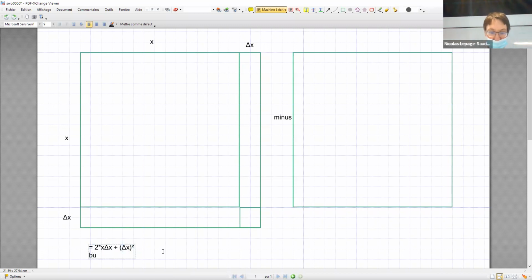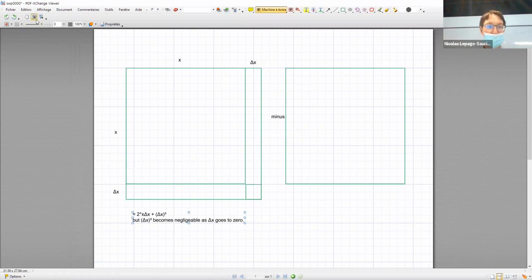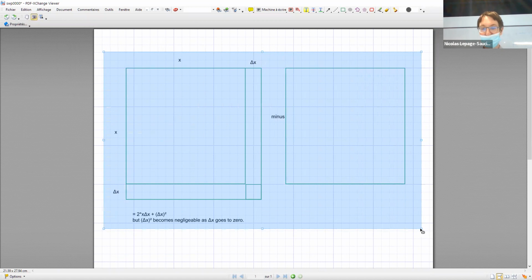That's why all I care about is 2x delta x. So when I divide by delta x, I just get 2x. This is just a simple interpretation of what's going on.